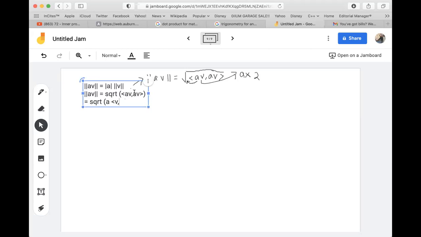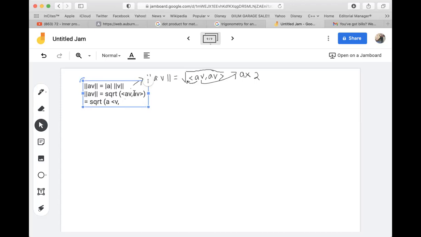So what about the second component? If you remember, after we had the axioms, we did the remarks for the inner product's second component.